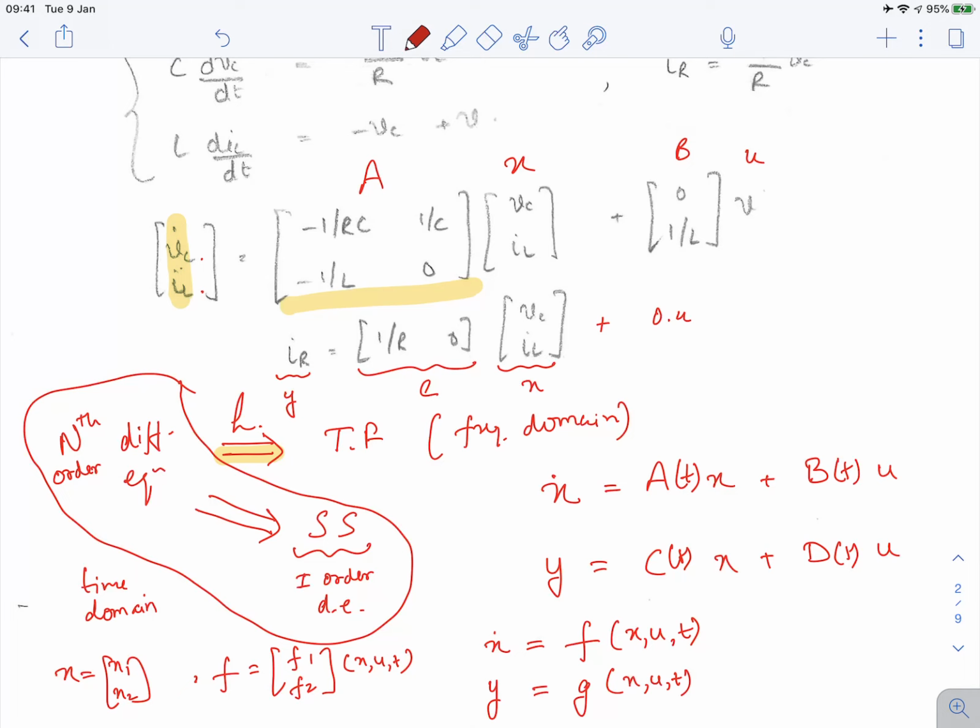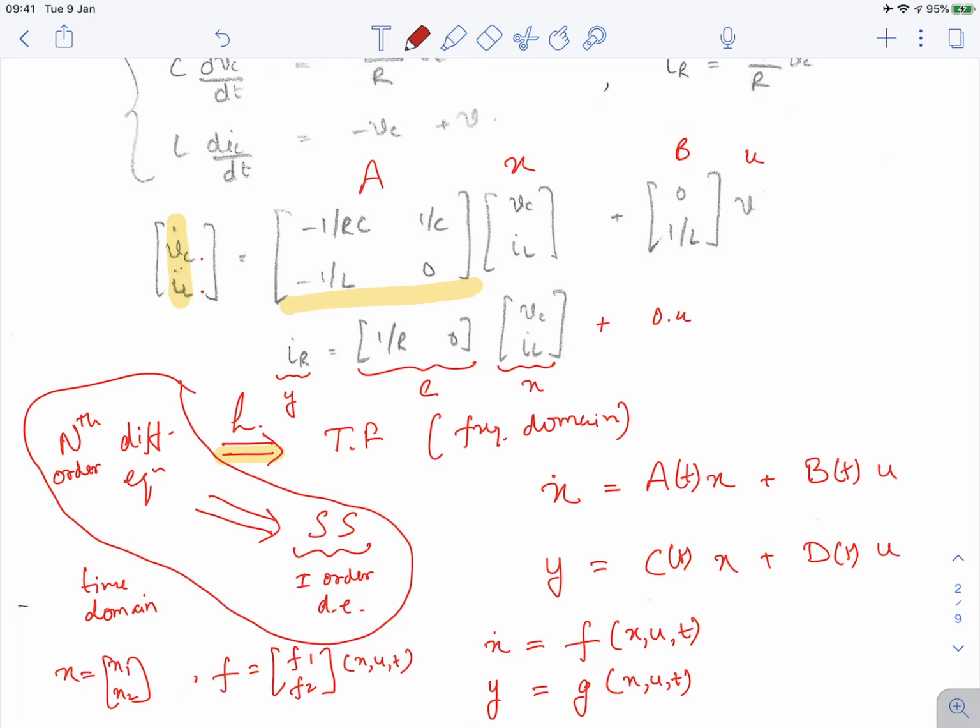Yes, Manas. So how to choose the states in question 2 of the tutorial?